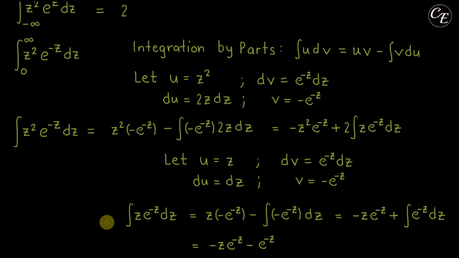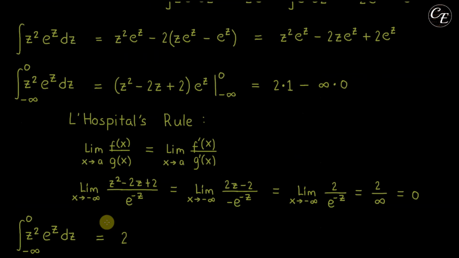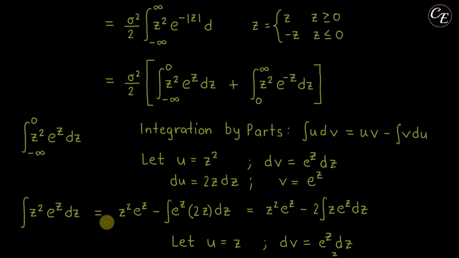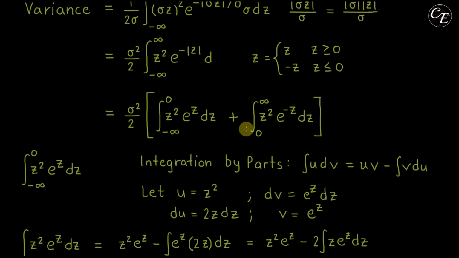Now let us go back to our formula for our variance. So our variance is just this one. It is equal to this constant sigma squared over 2 times the sum of our results from our evaluation of each integral expression.